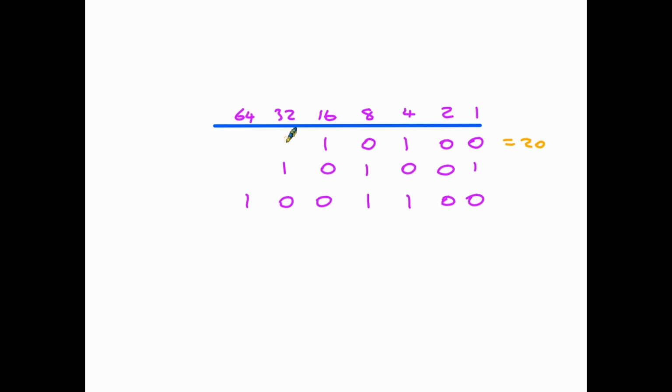The second number, we have a 32 plus an 8, that's 40, plus the 1 at the end, that is equal to 41. This number, we have a 64 plus an 8, 64 plus 8 is 72, plus a 4, 72 plus 4 equals 76.